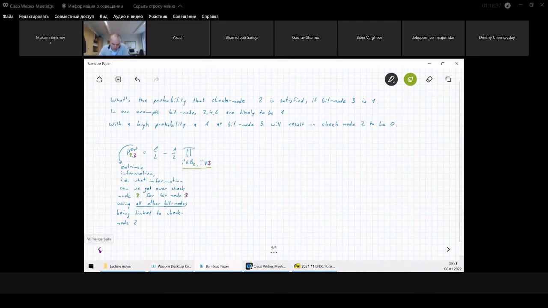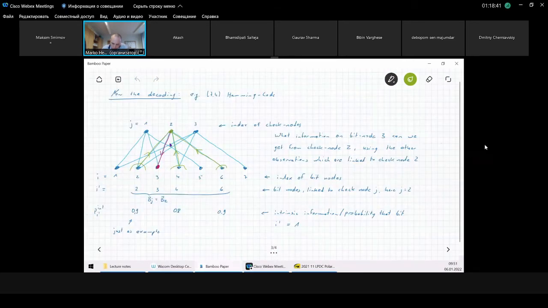So just go back to the drawing. So we somehow need all the links to check node 2. But in order to get this extrinsic information for bit node 2, we only consider now here the green ones. So from this union B2, only the elements 2, 4, and 6.